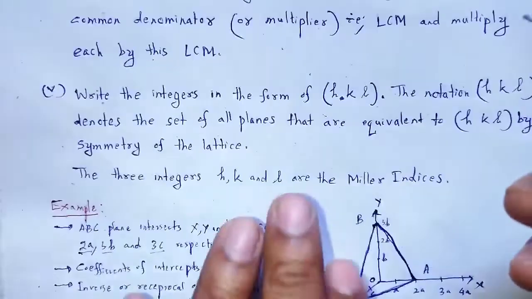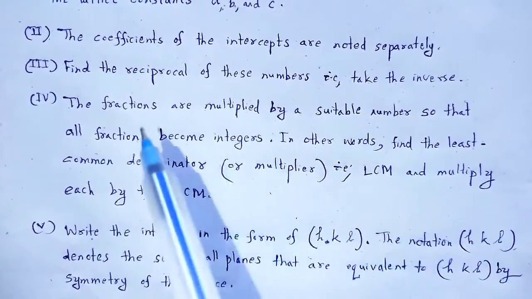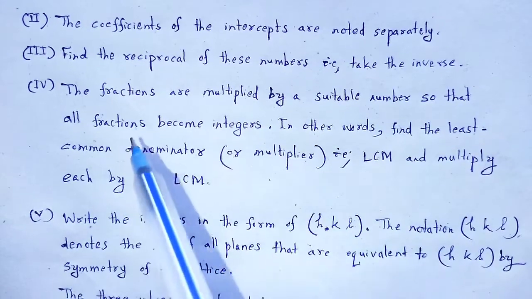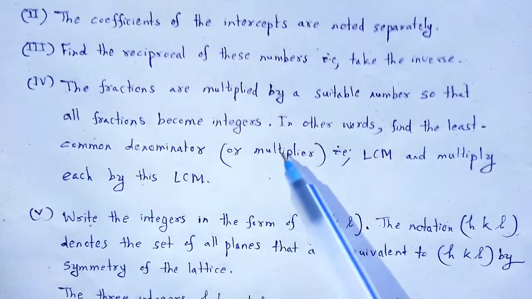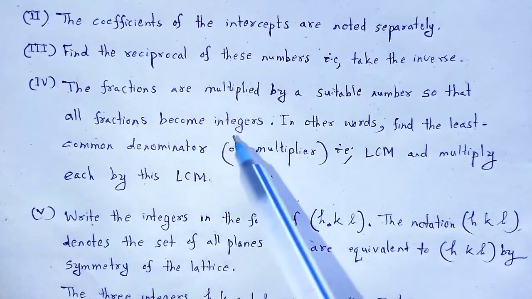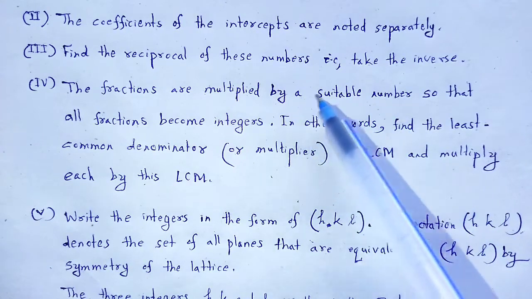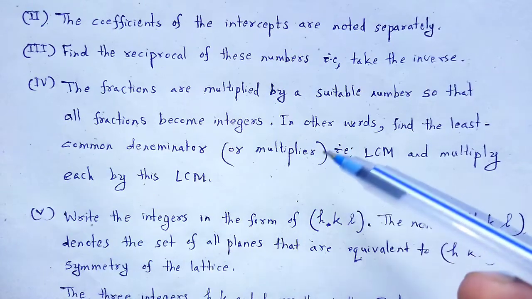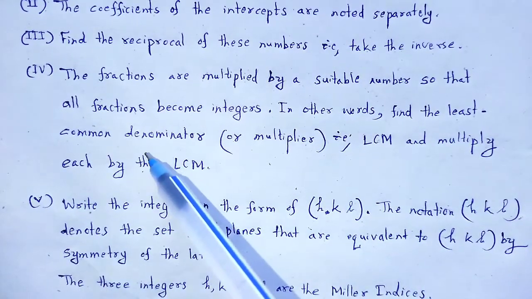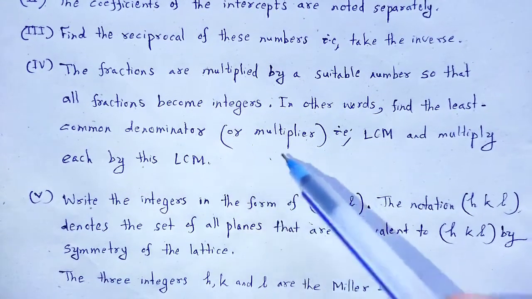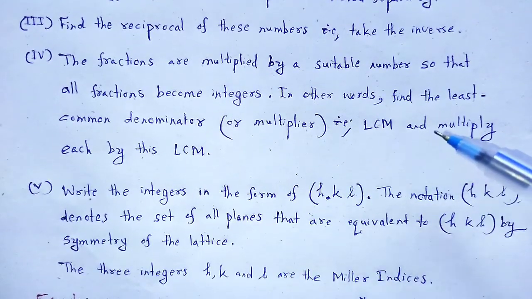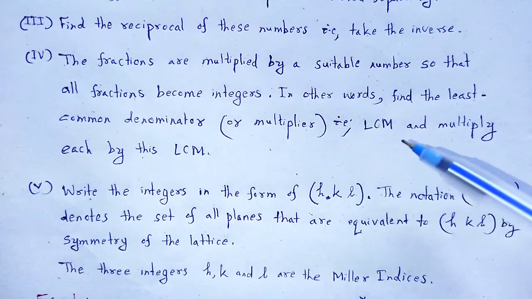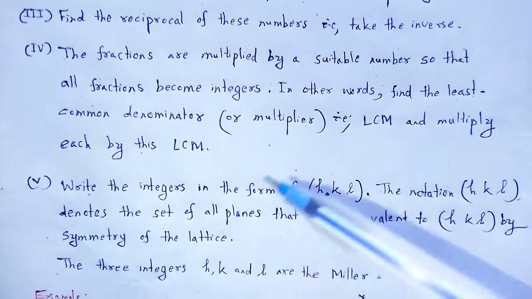Next, the fractions are multiplied by a suitable number so that all fractions become integers. If the reciprocals are fractions, then we have to multiply by a suitable number in order to avoid those fractions. In other words, a least common denominator or multiplier is used, or we can take the LCM into consideration and multiply by the LCM.